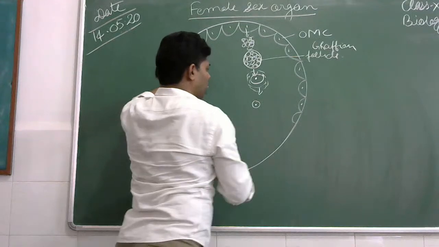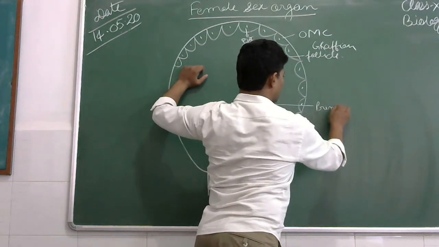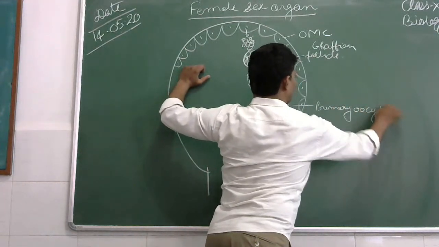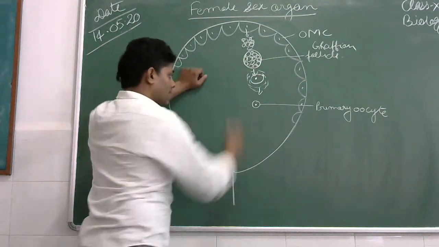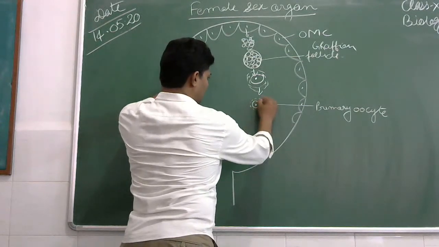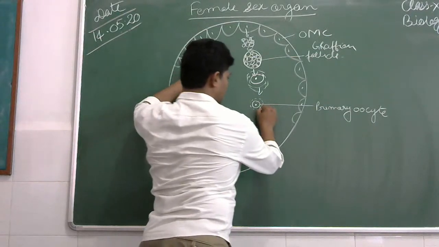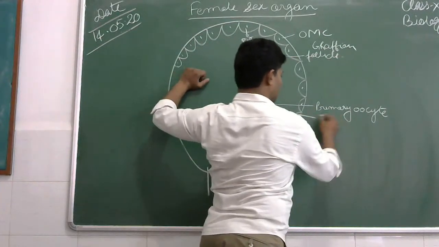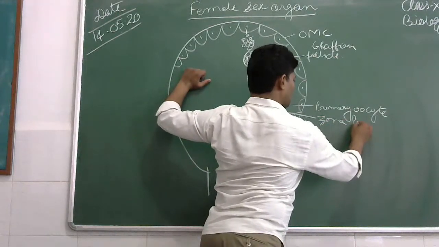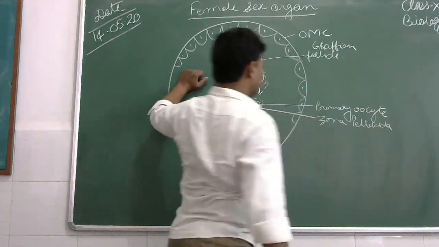This is the primary oocyte. Okay, and just above this primary oocyte is a porous layer which is termed the zona pellucida.